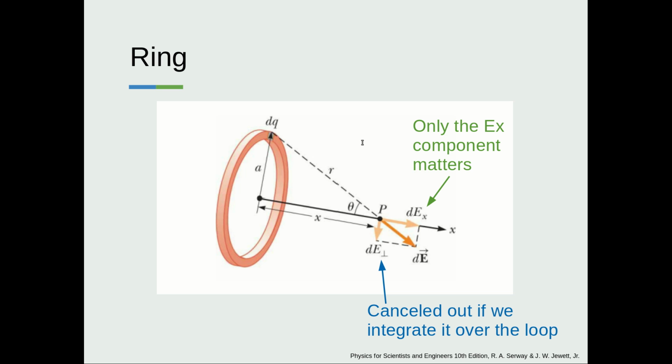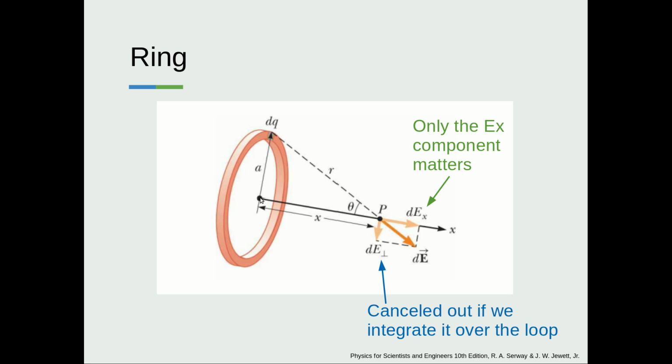Before we start all the derivations, let's look at the ring and the configuration, and do a little bit of analysis on it. So this is a conducting ring, and here are electric charges evenly distributed on it. We just cut the ring into small pieces, and the charge on each small piece is dq.